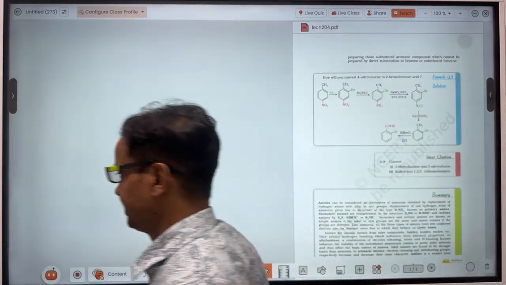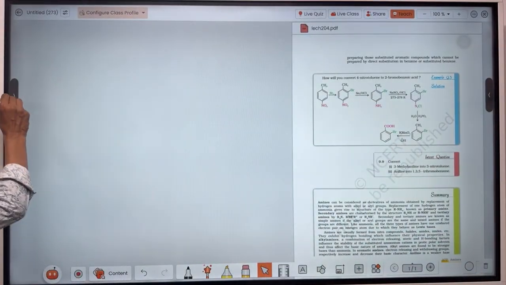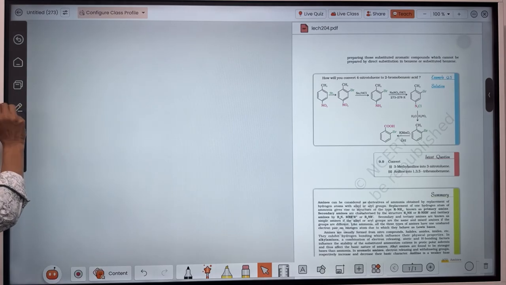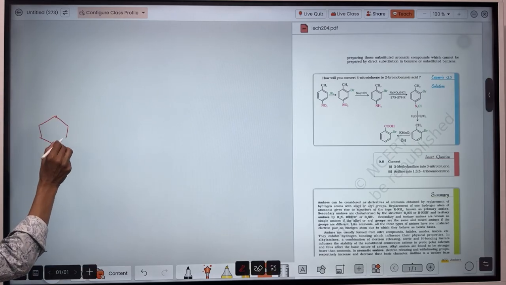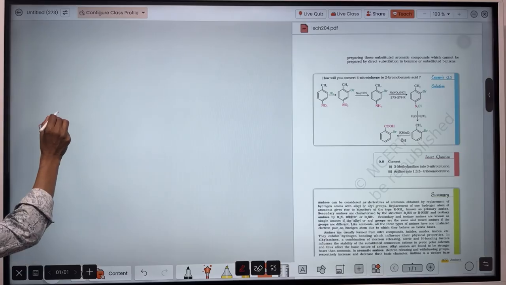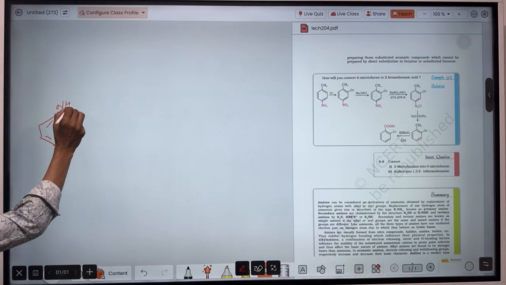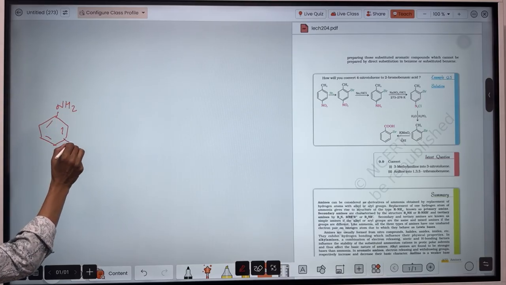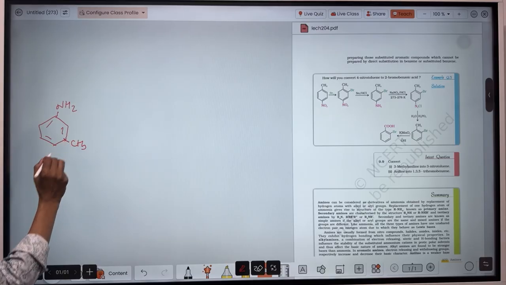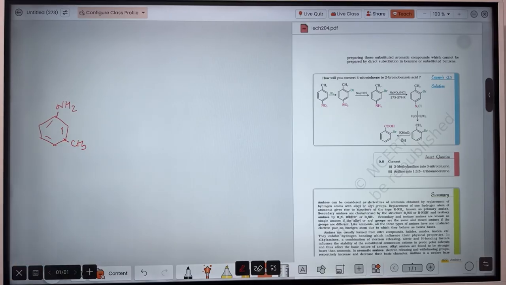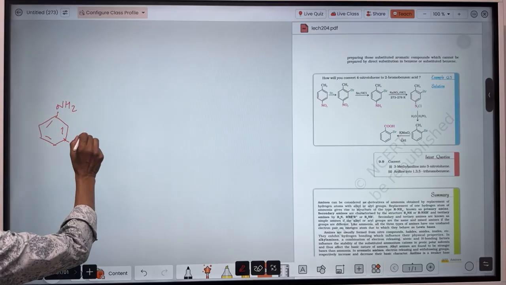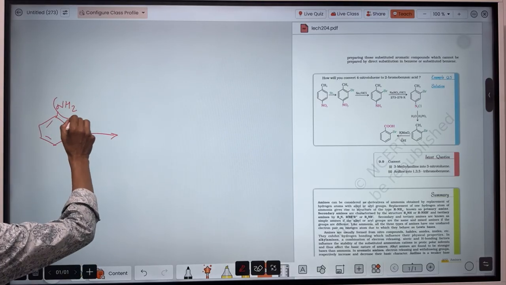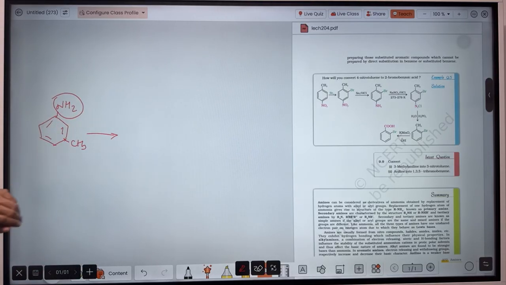3-methyl aniline. Aniline is NH2 attached to the benzene, and 3-methyl means here CH3. 3-methyl aniline into 3-nitrotoluene. So here this NH2 will have to be converted to NO2.